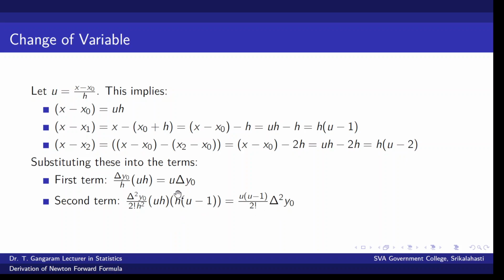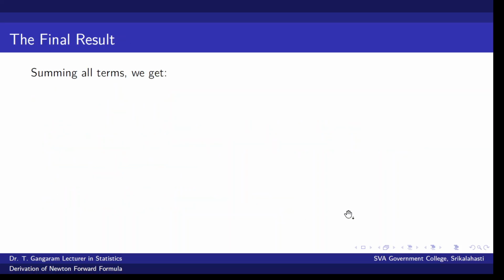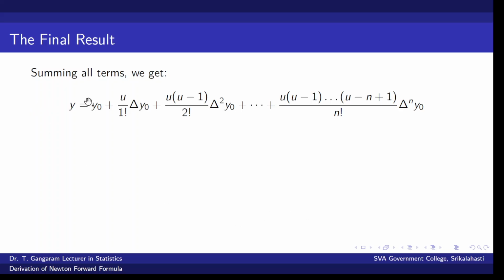The h square in the numerator and the denominator h square get cancelled, and the term remaining is u into (u minus 1) by 2 factorial into delta square y0. Similarly, by summing all the terms, we get y is equal to y0 plus u by 1 factorial into delta y0 plus u into (u minus 1) by 2 factorial into delta square y0, and so on, up to u into (u minus 1) and so on until (u minus n plus 1) by n factorial into delta power n y0.